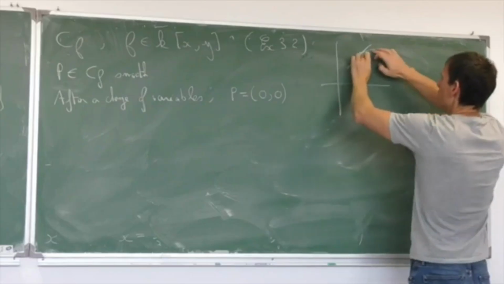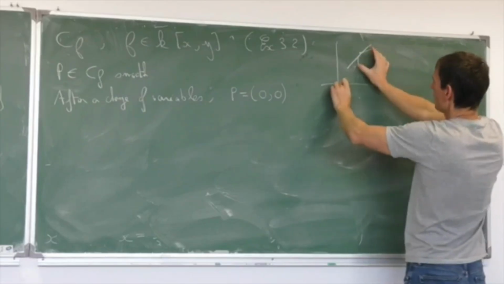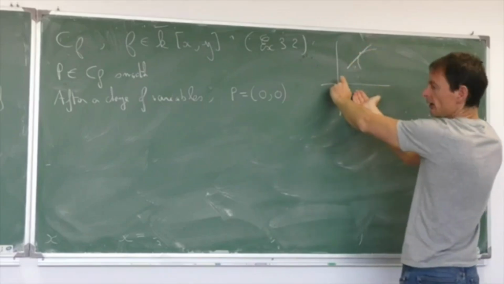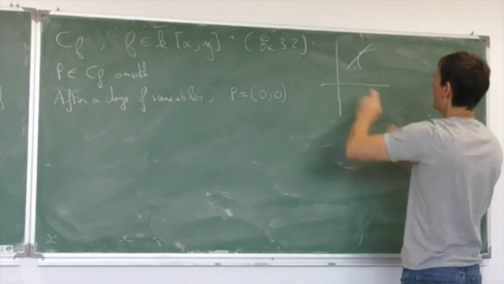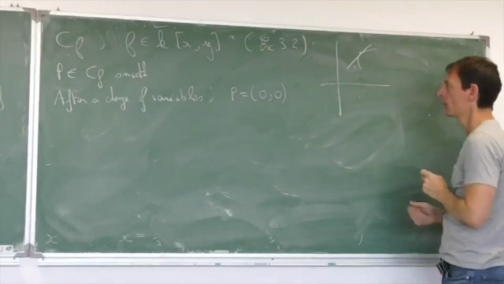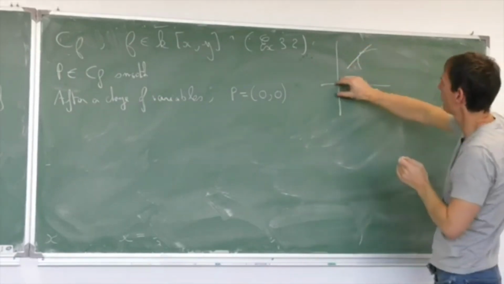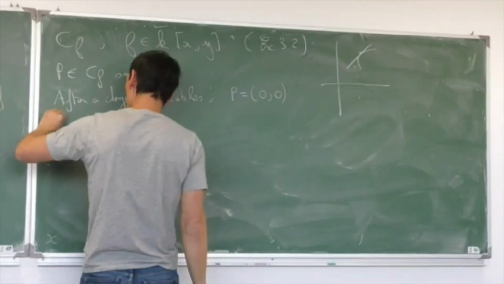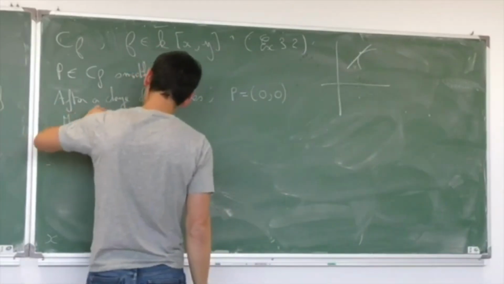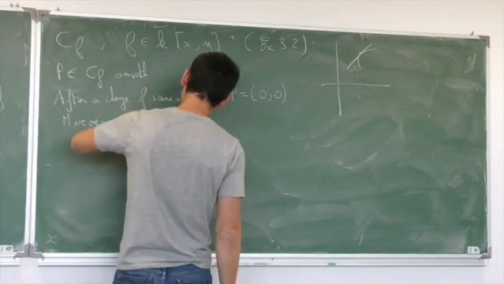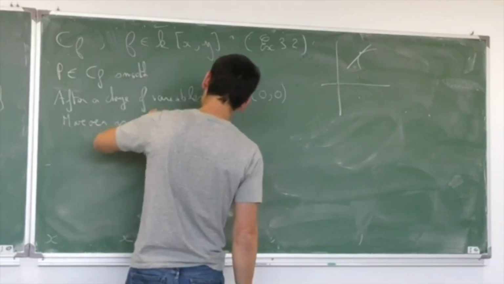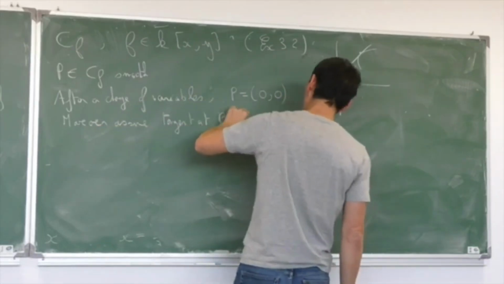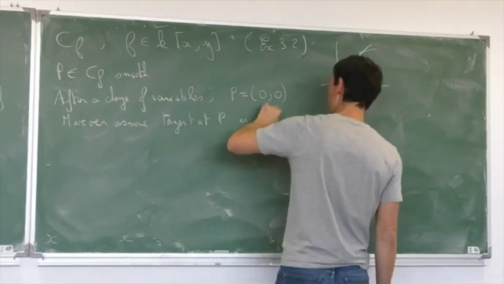You have moved this point to 0, and at the same time you can rotate so that the tangent is going to be the line y equals 0. So I moved this, and at the same time I rotate. And so, moreover, assume that the tangent at P is the line y equals 0.